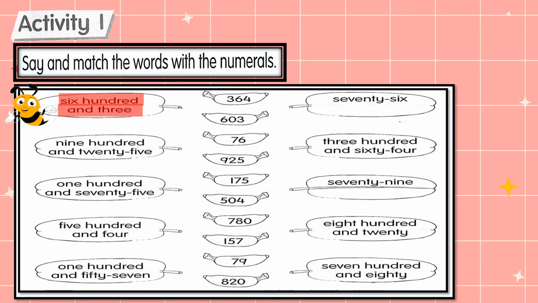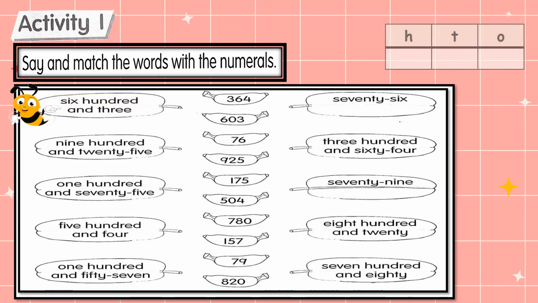603. How to write in numeral? Let's use the place value chart. We start from hundreds. So look at the word 600. We write 6 in hundreds place. Then for tens and ones place, we look at the word after n.